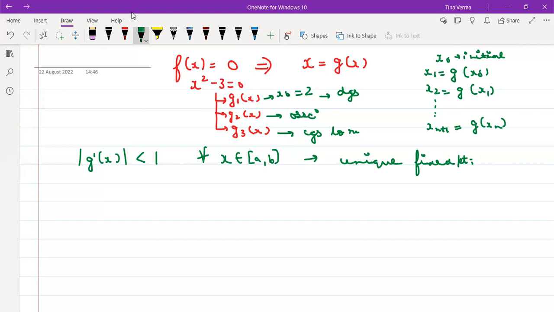So continuing that one theorem that we have done in the bisection method, that the order of convergence of your bisection method is 1. So in this lecture, there is a small proof that the order of convergence of your fixed point iteration method is also 1.